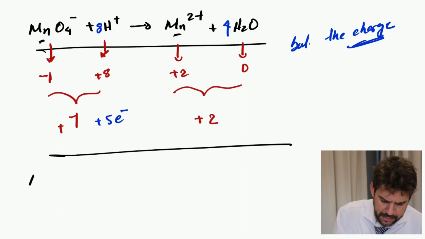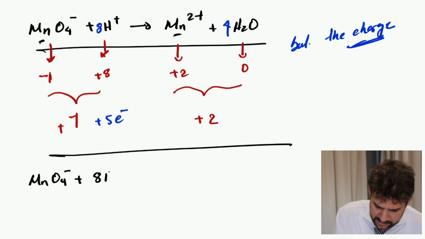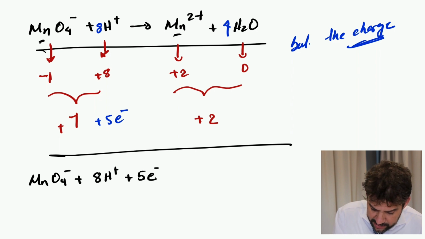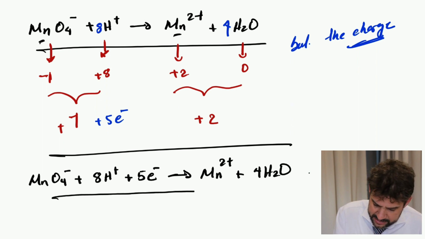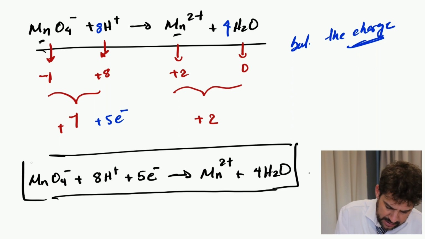It's going to be MnO4- plus 8 hydrogen ions plus 5 electrons giving you Mn2+ plus 4H2O.